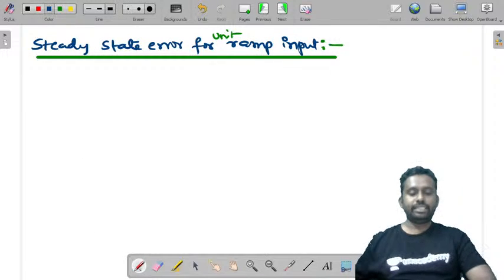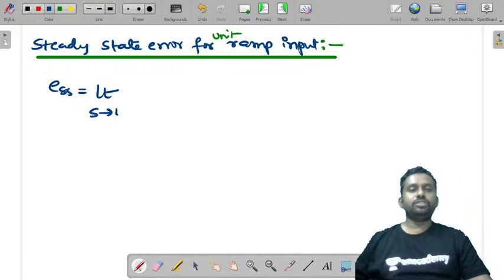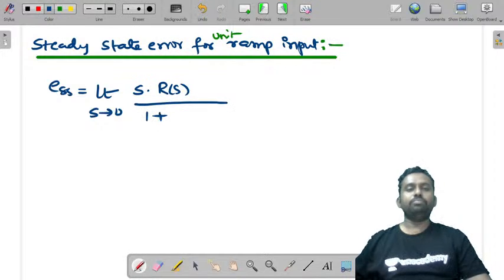So first write what is ESS. ESS is equal to limit s tends to 0 of s into R of s by 1 plus G of s into H of s.